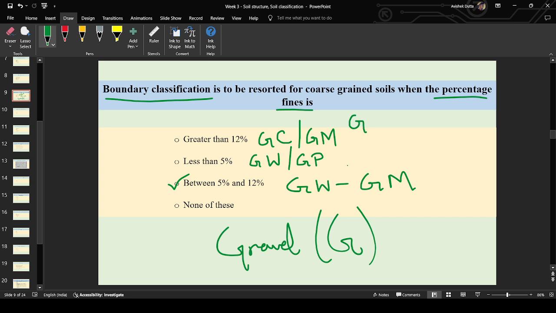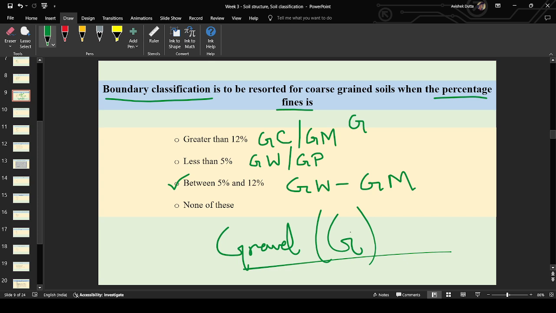Okay, first scenario. Suppose the percentage fines in the coarse grain soil, that is gravel, is more than 12% by weight. Then we have to take the finer particles, that is clay or silt, in the nomenclature. Then we cannot write whether it is well graded or poorly graded. We have to write what finer particles it contains, whether it is clay or silt.